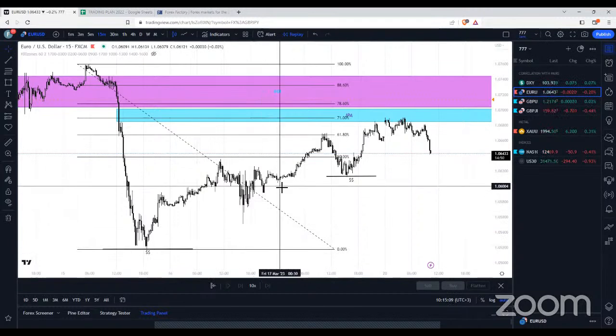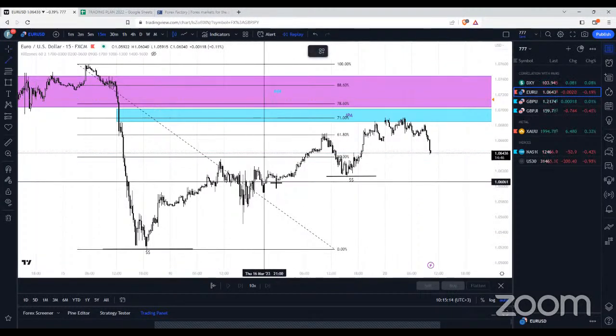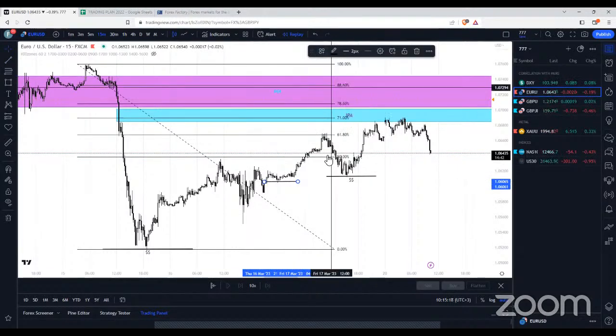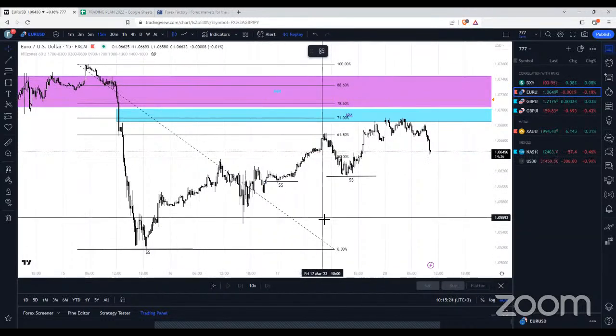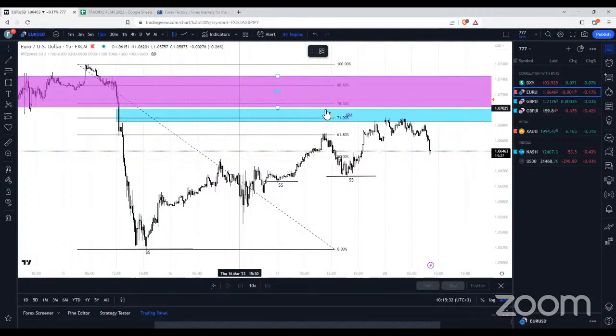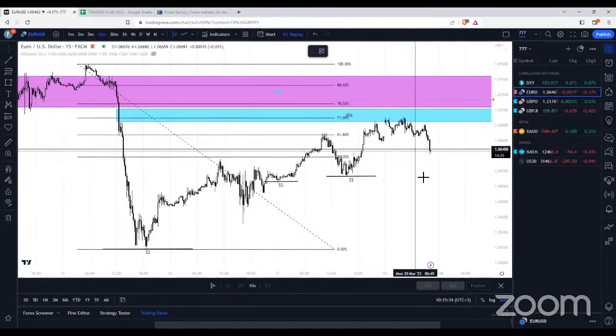We do have a lot of liquidity built up right here as well, which I'm currently looking at. Do not have any imbalances, but we just have a lot of areas that have built up and need to be swiped away. But we took most of the imbalance, so I'm interested to see what happens there.